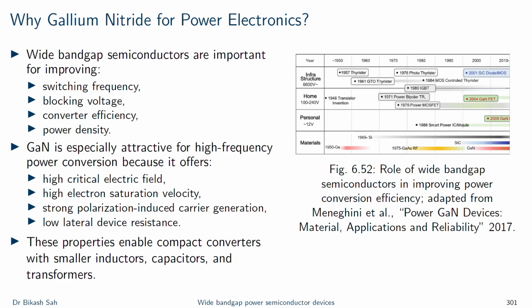When you look at figure 6.52, you should not interpret GaN as a replacement for silicon, but as an enabler for a different converter design philosophy. For example, smaller magnetics, smaller capacitors, faster transient response, and potentially higher power density at the end.